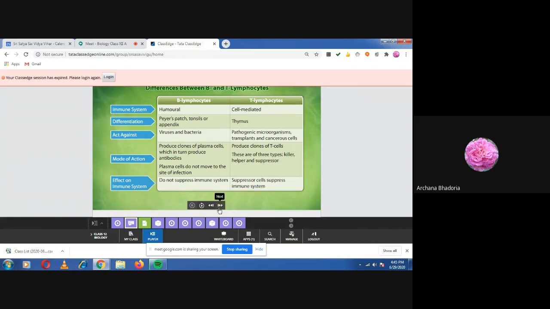Done? Okay, we have added this difference in the previous table which you have written between the B and T. Everyone? Yes, ma'am.